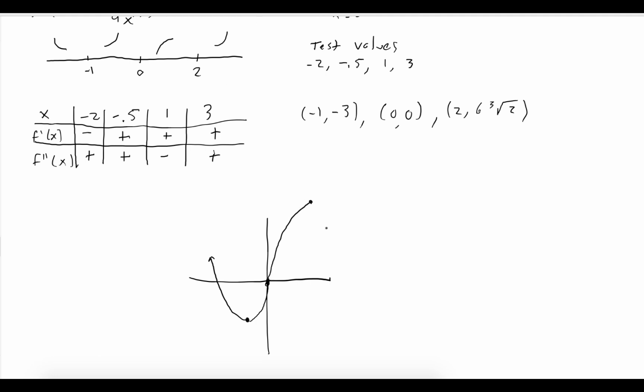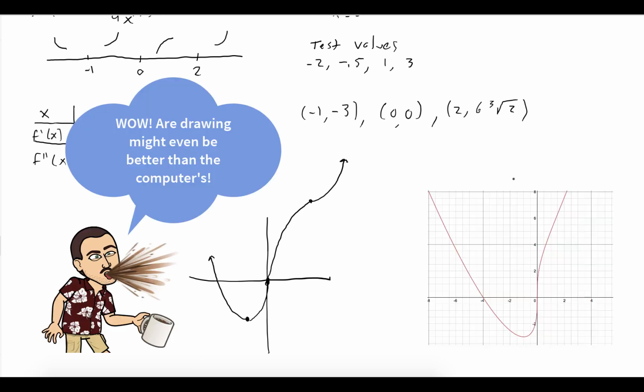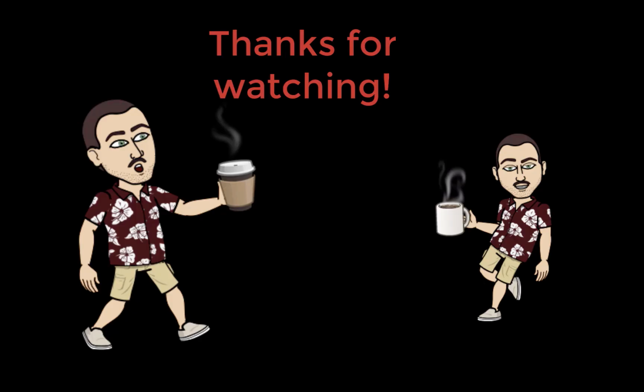And from 2 to infinity, it looks like this. Okay, and so this is the sketch of our graph. We could use Desmos to actually plot the graph using a computer, and you would see that our sketch is really not that bad.